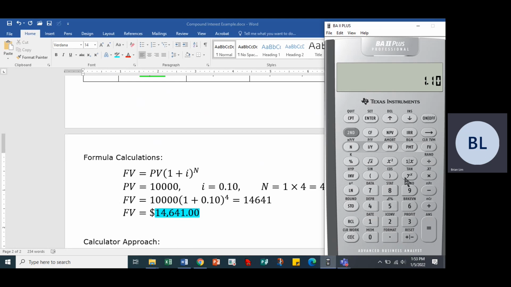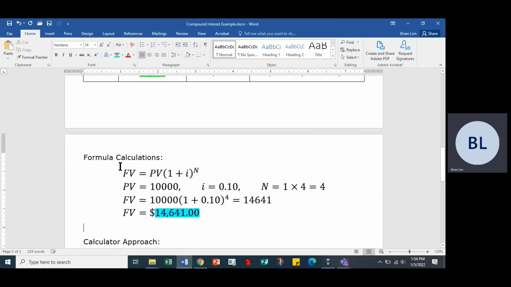And then we use this y to the x, and we put in 4, we press equal, and then we multiply that by $10,000, which gives us 14641.00. Okay, all right, now that is the formula. That's using the formula.